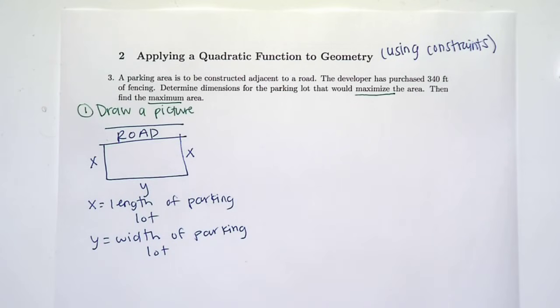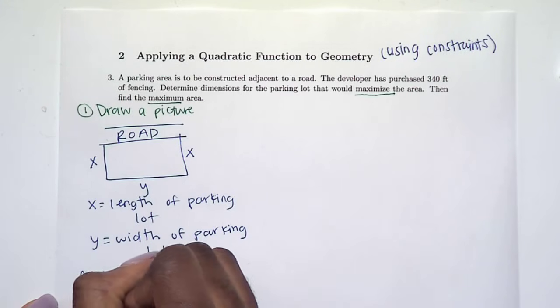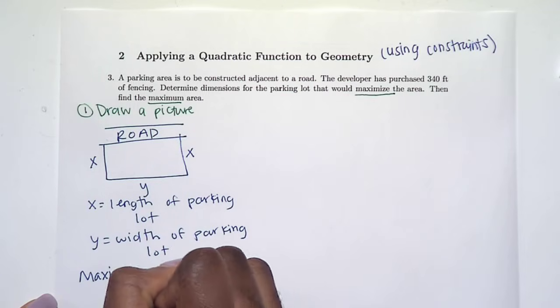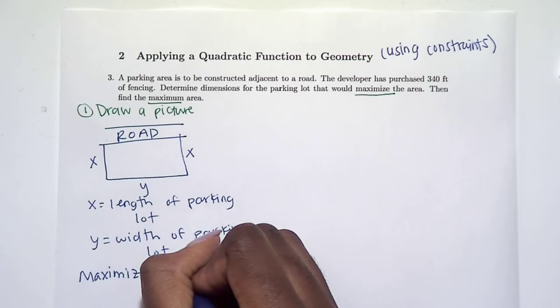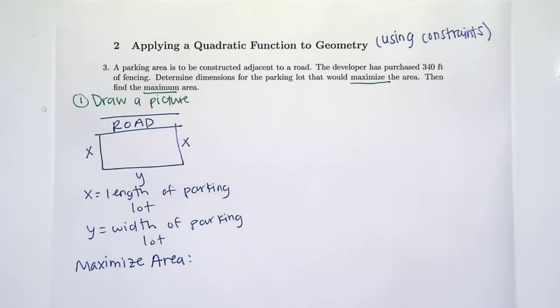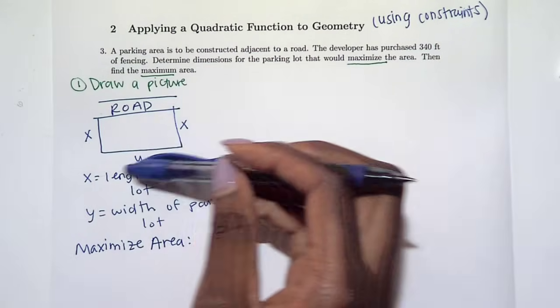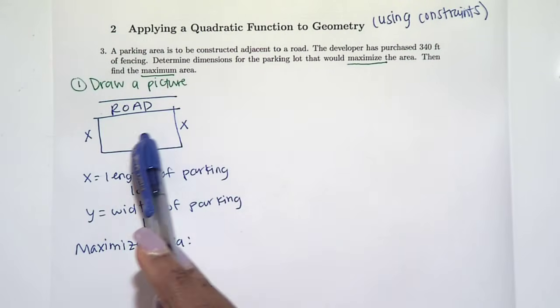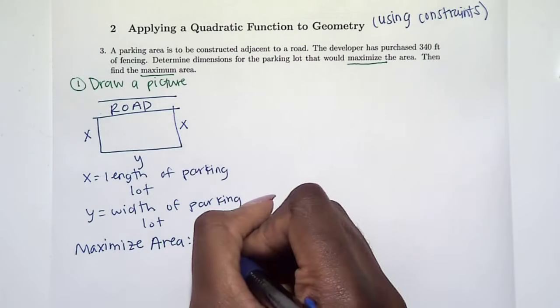Okay, and so our goal with this problem is to maximize area. All right, well, it would be nice if we knew what area actually was. So can we use what we have here to write an equation for the area of this parking area or parking lot?